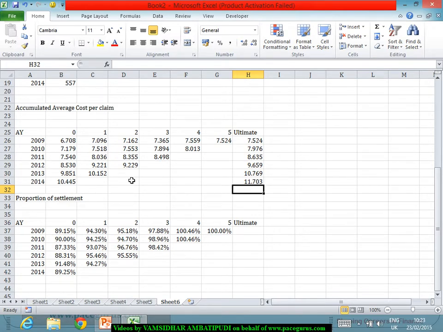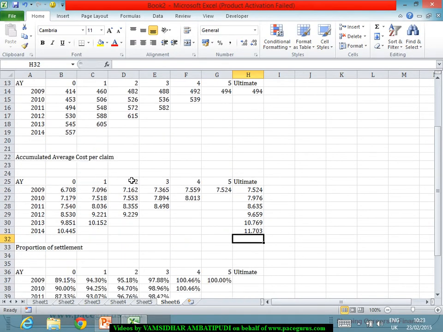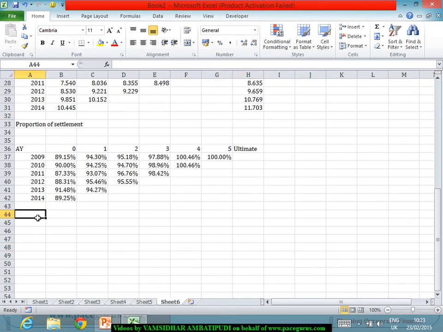We can come out with a mechanism for the ultimates with respect to the total claim numbers also. A similar kind of exercise, I'll come out with the number of claims.